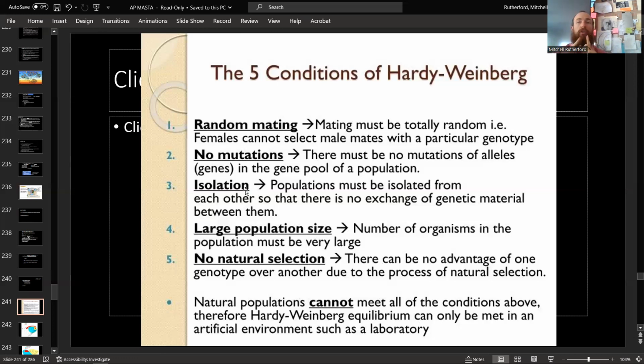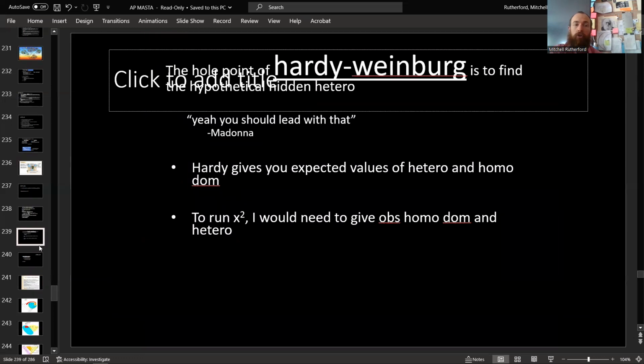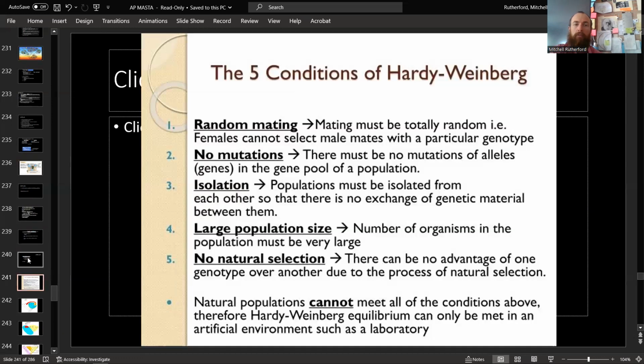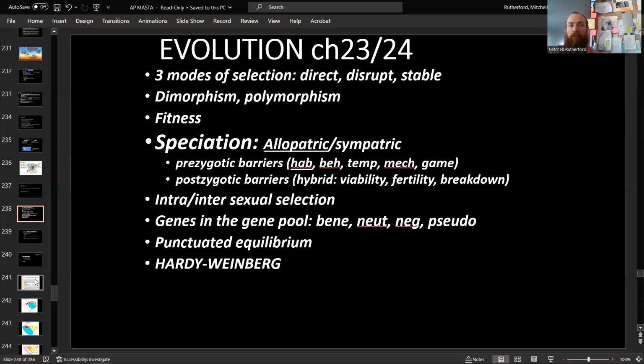There's no gene flow in or out of the gene pool. The gene pool is perfectly isolated, like in a lab, artificially. They've got a nice large population, and no natural selection, nothing is doing that. We'll have to do some projects with that, and look at that Hardy-Weinberg situation as a comparison.